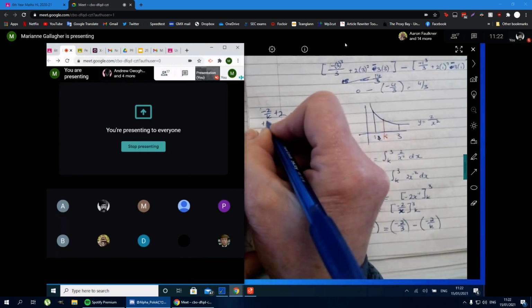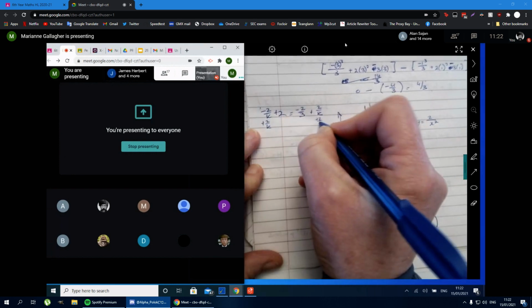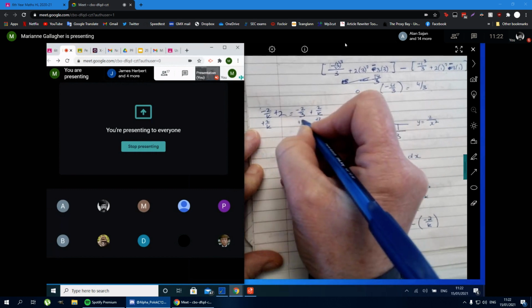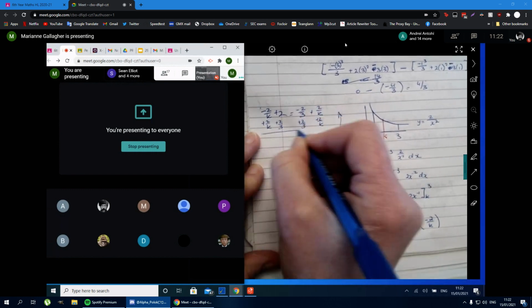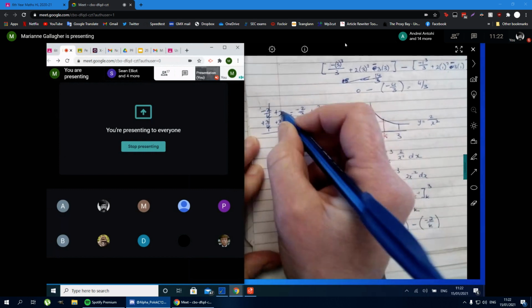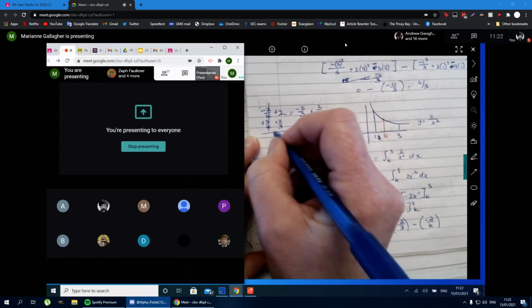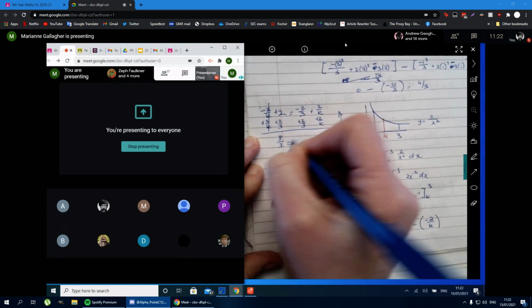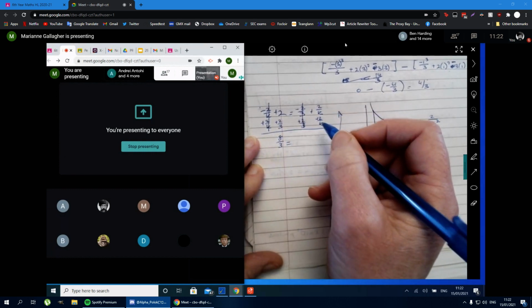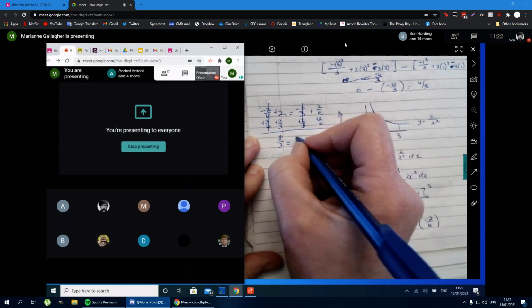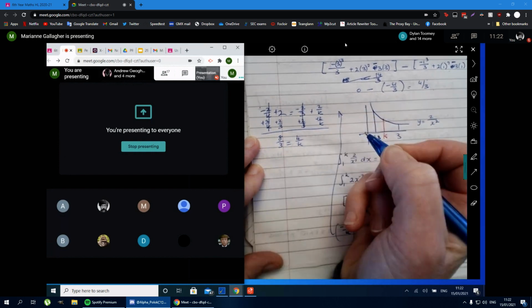So I'm going to add 2 over k to both sides, and I want to add 2 over 3 to cancel that out. So I do that to both sides. So that cancels. I have 2 and 2/3, which is 2 3s is 6, that's 8 over 3, is equal to 2 over k plus 2 over k, which is 4 over k.